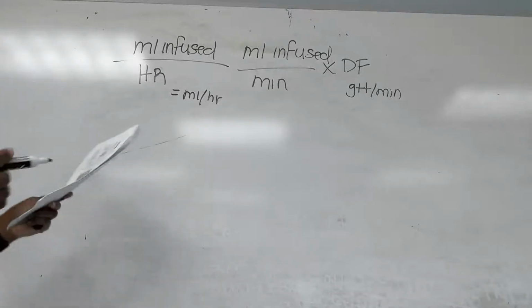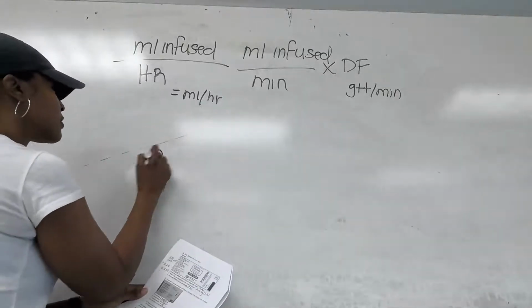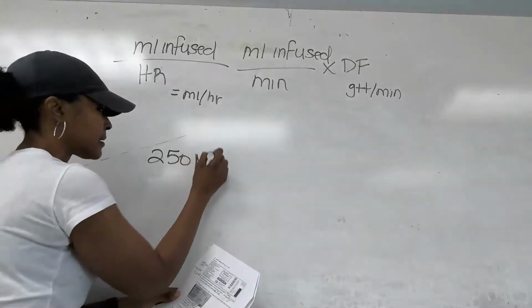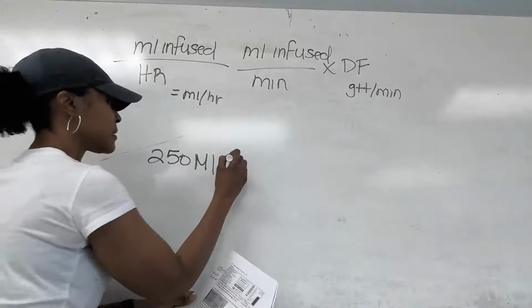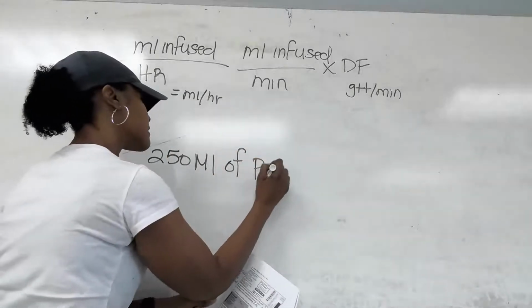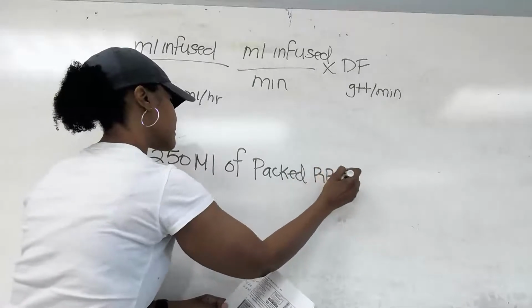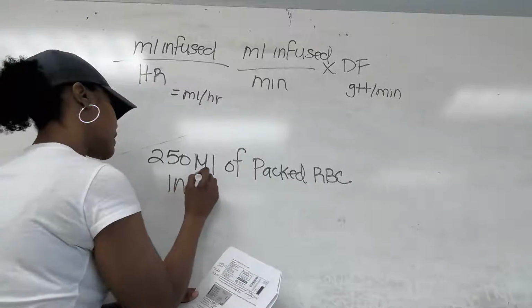All right, number 31. The doctor orders 250. This one has always been a problem. You will see problems like this. 250 milliliters of packed RBCs in 4 hours.